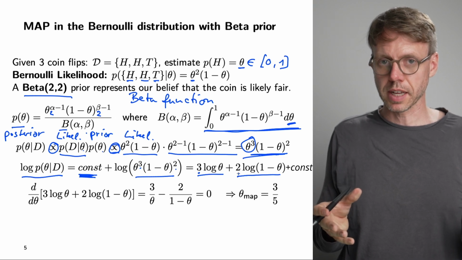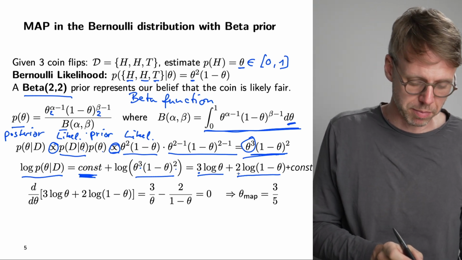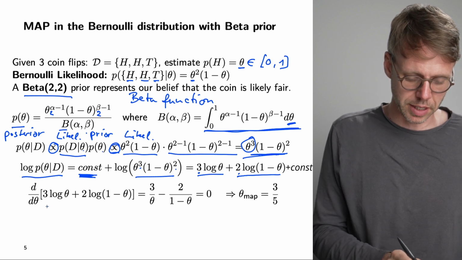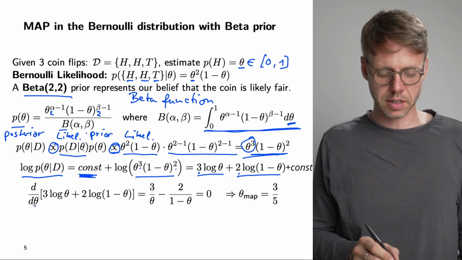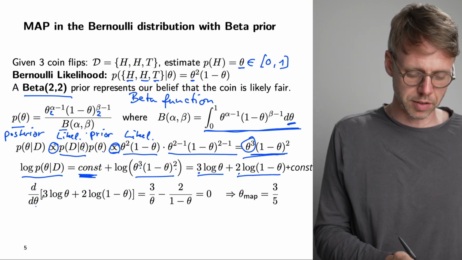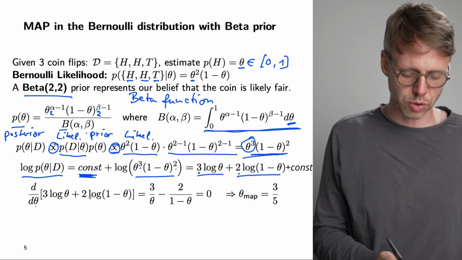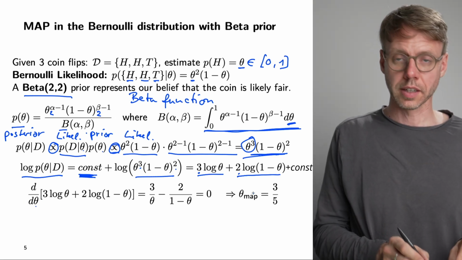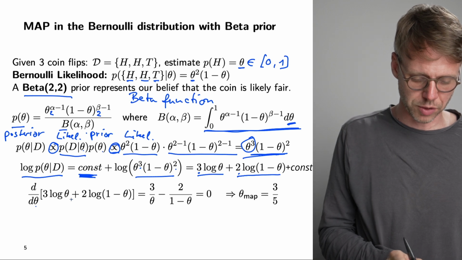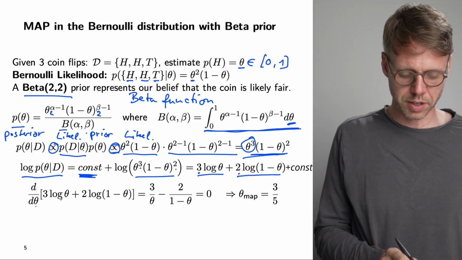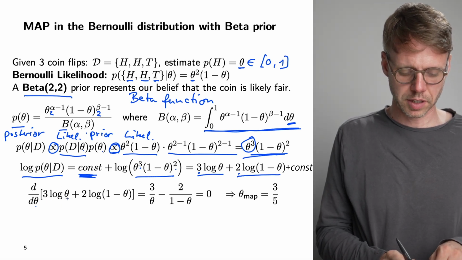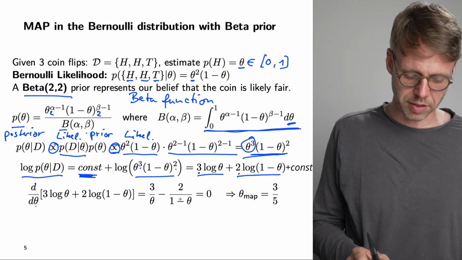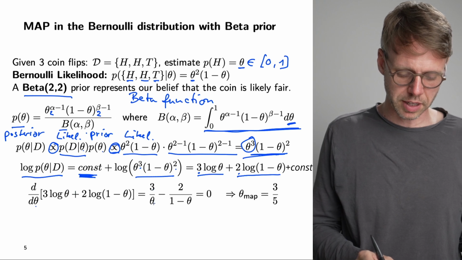Now we want to maximize that. The recipe is very simple. We take the derivative of this term with respect to theta. So we get the derivative of 3 log theta plus 2 log 1 minus theta with respect to theta. For the first term, we get 3 times the derivative of the logarithm, which is 1 divided by theta. So we get 3 divided by theta.